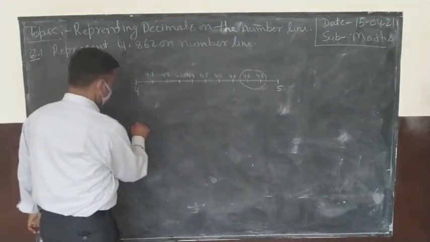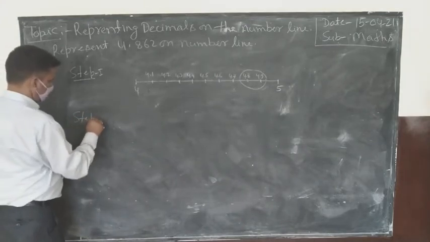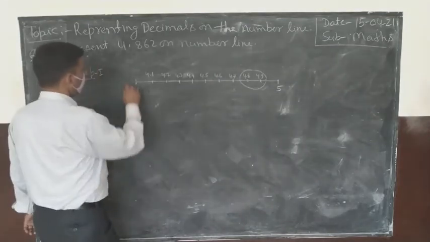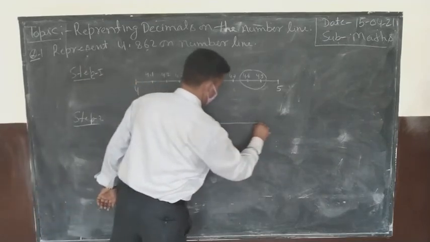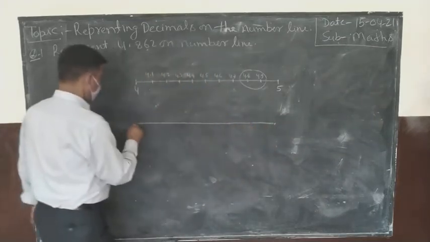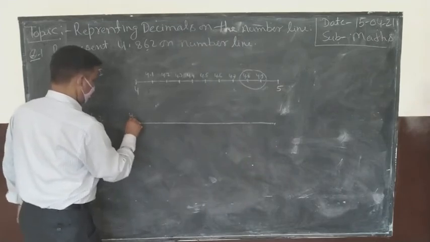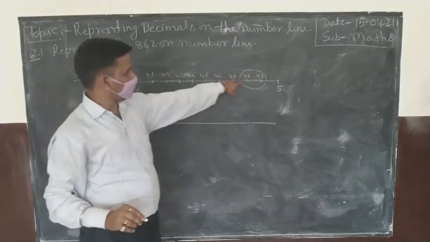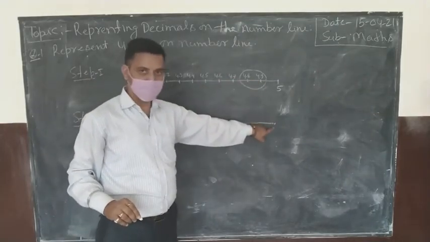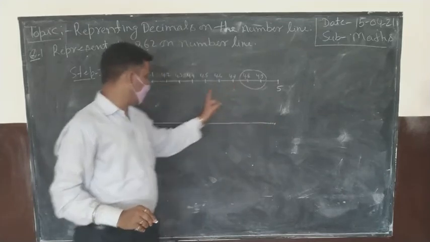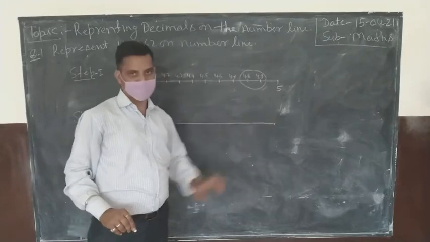After that you write again for the second step. The second step starts here with 4.8, which you write on the left side, and 4.9, which you write on the right side.